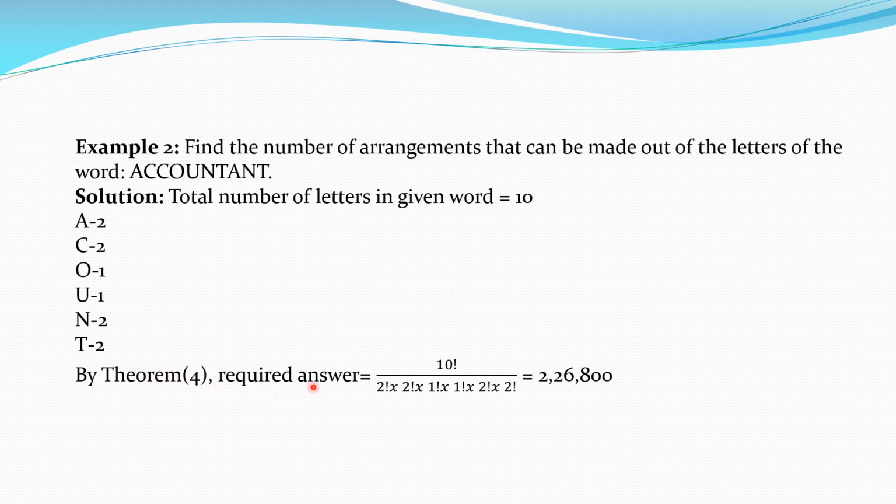So required answer is n factorial upon n1 factorial into n2 factorial and so on into nk factorial, is 10 factorial upon 2 factorial into 2 factorial into 1 factorial into 1 factorial into 2 factorial into 2 factorial. So solving this, we get the answer as 2,26,800.